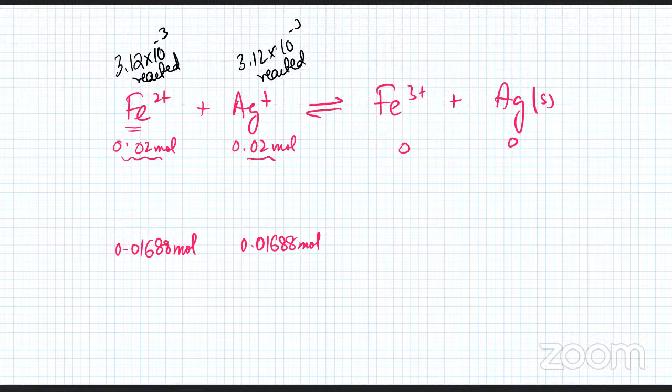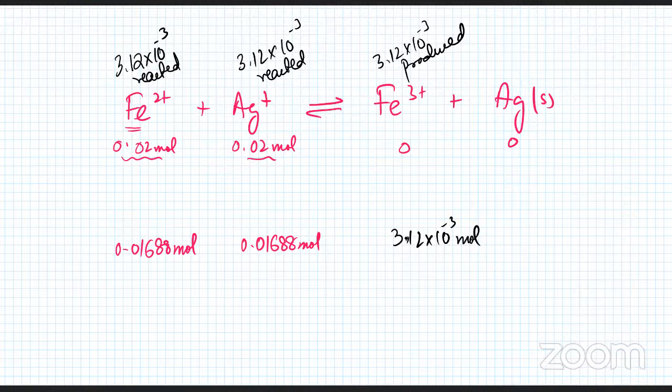So on the other side, this is the amount that's going to be produced. So 3.12 times 10 to the power minus 3 moles got produced, right? And silver solid would be exactly the same.